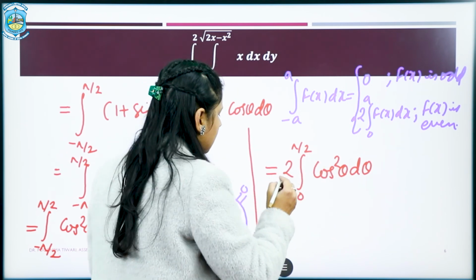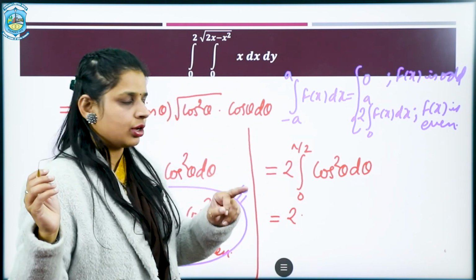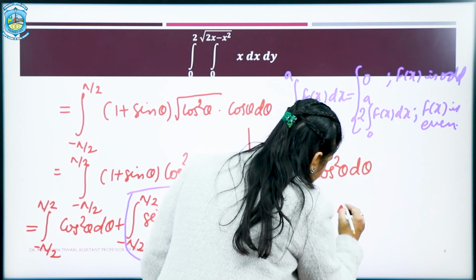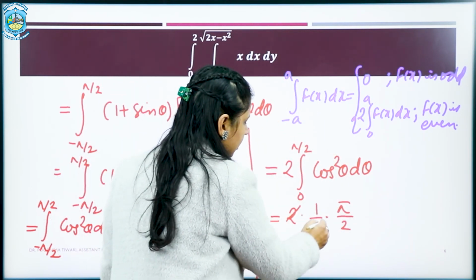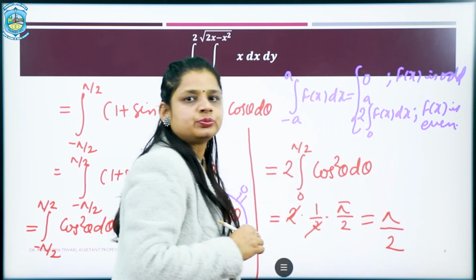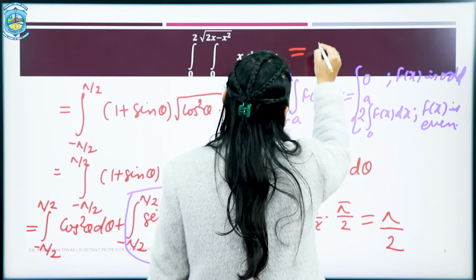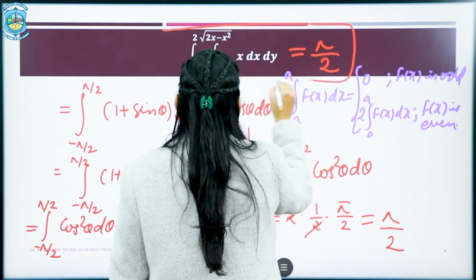I am solving it by reduction formula. So, when we apply reduction formula, this value is 1 by 2 into pi by 2. When we solve it, this value is pi by 2. It means value of this double integral is pi by 2. That is our answer.